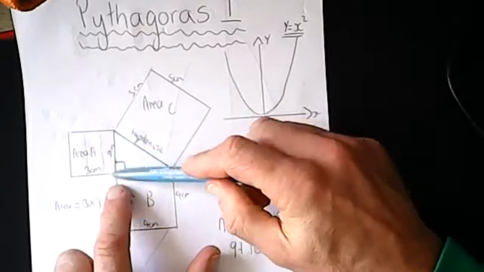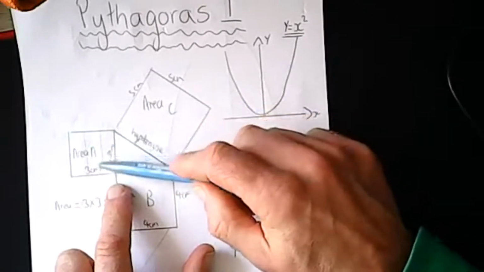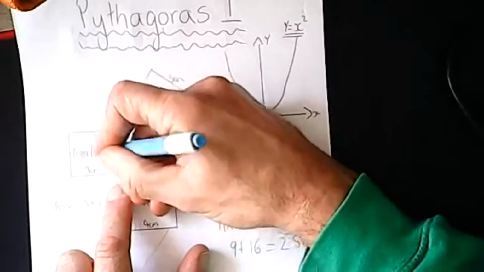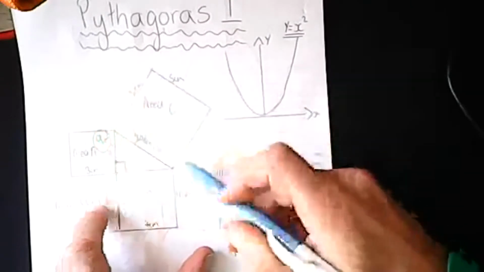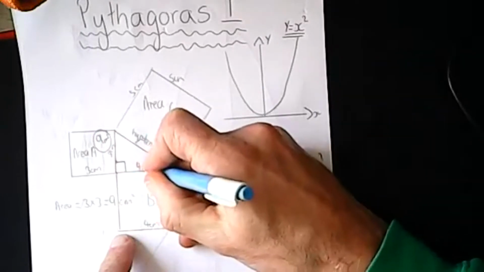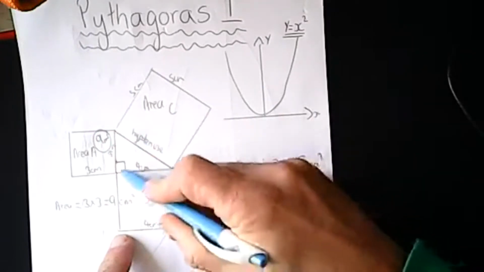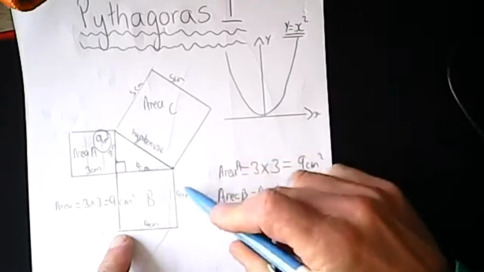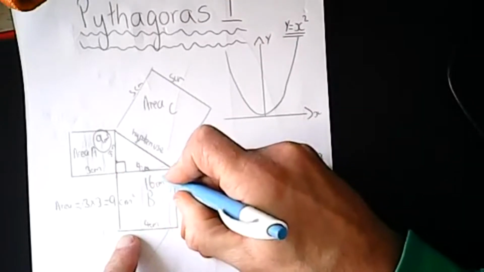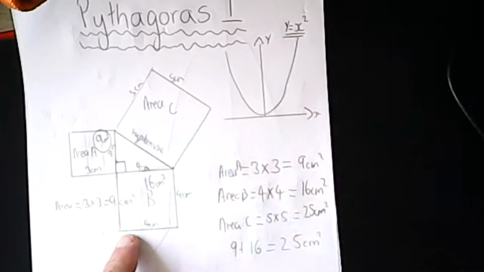This small side, if we draw a square, find the area, 3 3s are 9 centimeters squared. We do the same for this square here. This side is 4. Okay, and to make a square it's 4 and 4 because the sides have got to be the same. So that makes a total of 16 centimeters squared, 4 times 4 for the area.